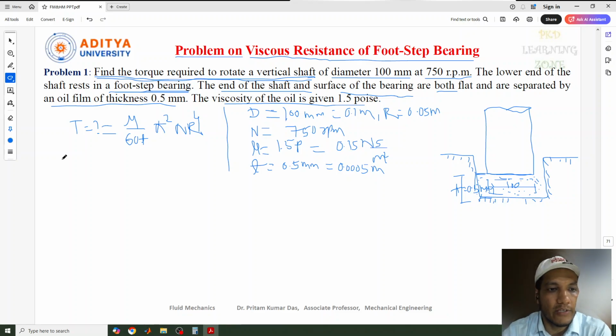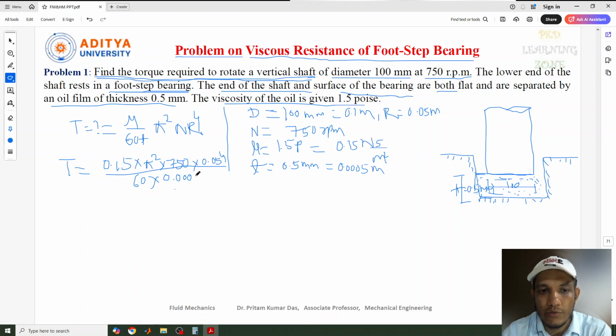Just putting these values in this equation is very simple. Put the value of viscosity mu, that is 0.15, into pi square, next the n value, speed is given 750, and the r value is 0.05 to the power 4, divided by 60 into thickness t. t is already given here, that is 0.0005.